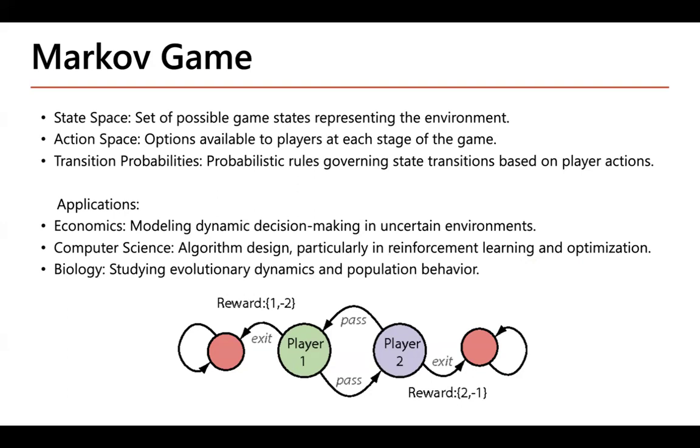Then there is the transition probability matrix. This matrix shows the likelihood of moving from one state to another when the attacker takes an action A and the defender takes an action D. Then we have the utility function, which determines the reward or benefit received by the player in a given state when a specific action is taken.